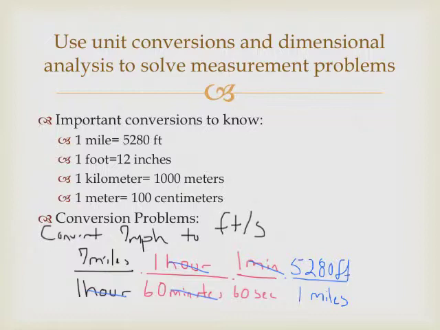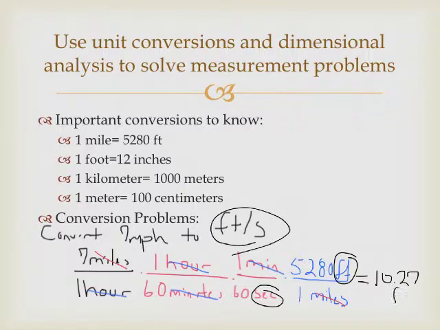Now when I multiply, miles reduces with miles, and I'm going to end up with something where my numerator has the units of feet and my denominator has the units of seconds, and that's exactly what I wanted. To save you all the long multiplication, 7 times 5,280, I've done this off to the side. This ends up being about 10.27 feet per second.